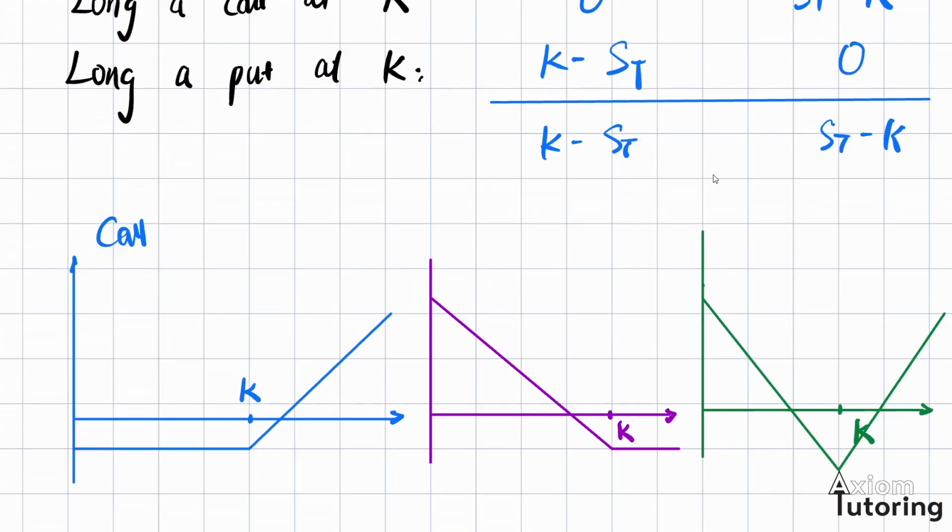So why do we use straddles? As we can see here, if the actual price of the underlying asset is around K, we'll always make a loss. There will not be a profit. But if the price moves very far from our strike price K, we can make a profit in both ways. This is essentially betting on the volatility of the underlying asset being very high.